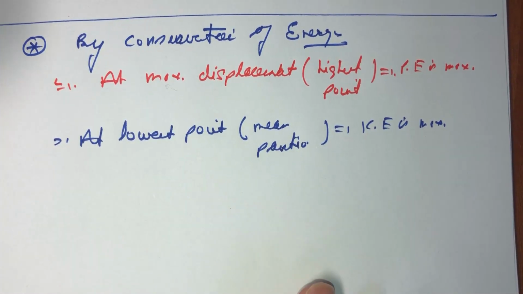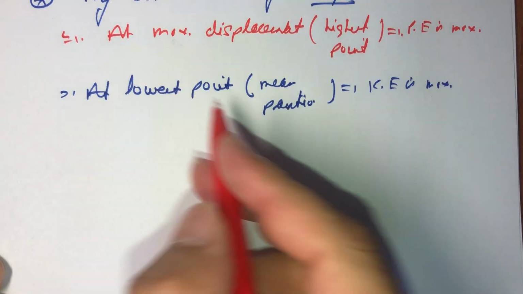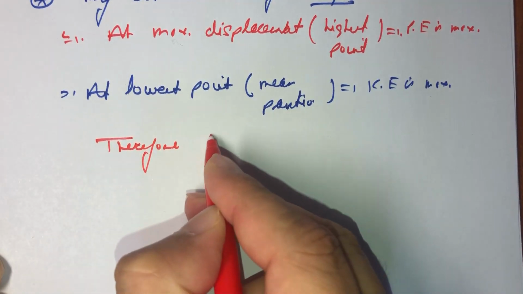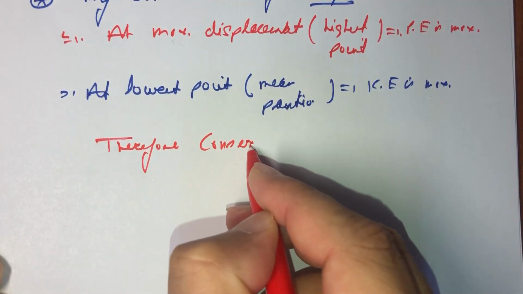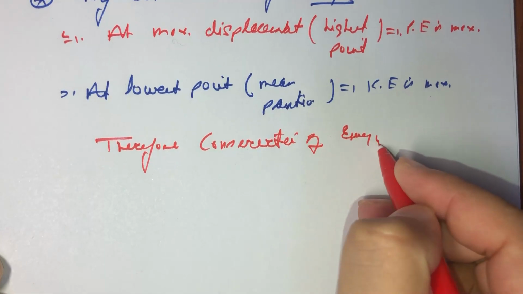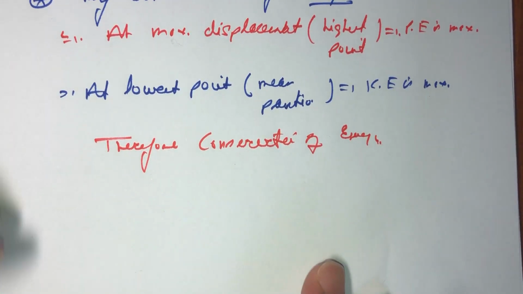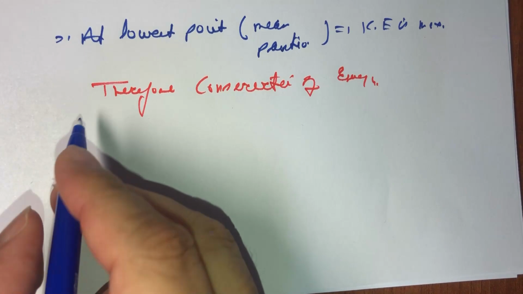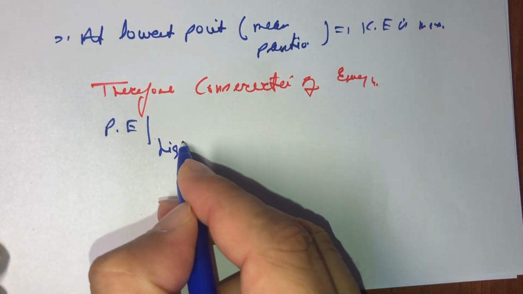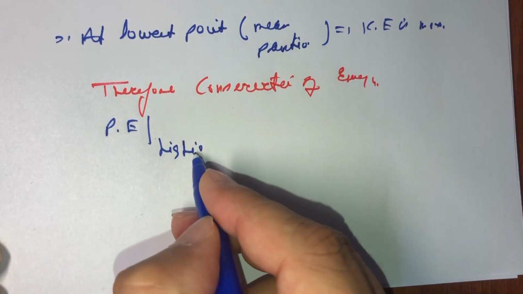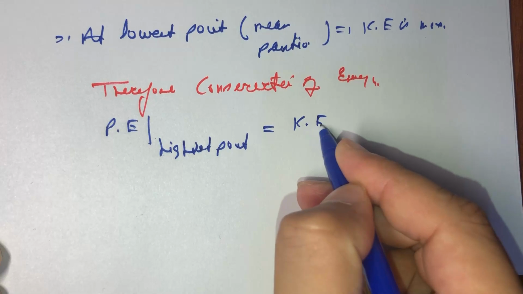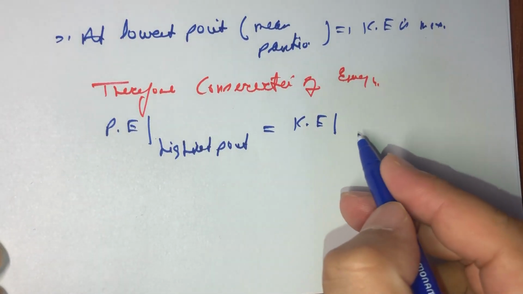Therefore, by conservation of energy, potential energy at the highest point is equal to kinetic energy at the mean position.